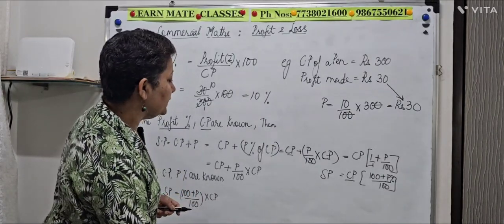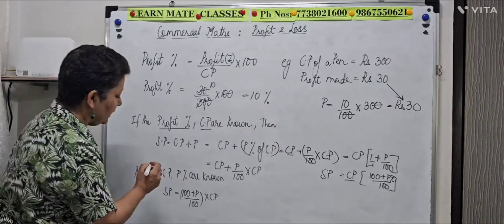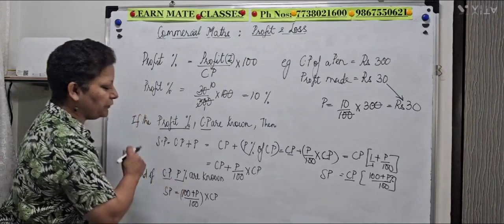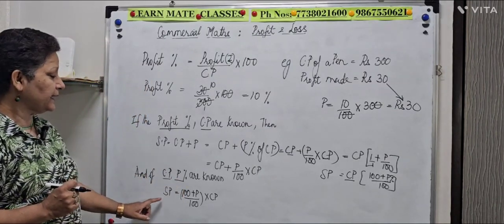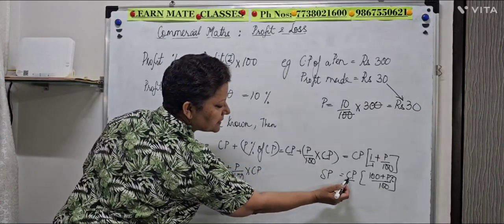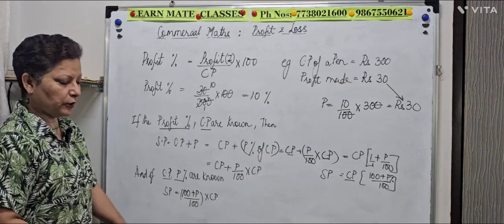So the same formula starts looking slightly different if in another case I'm given the cost price and the profit percentage. How do I calculate the selling price? We have just learned that selling price is nothing but cost price into 100 plus P upon 100.